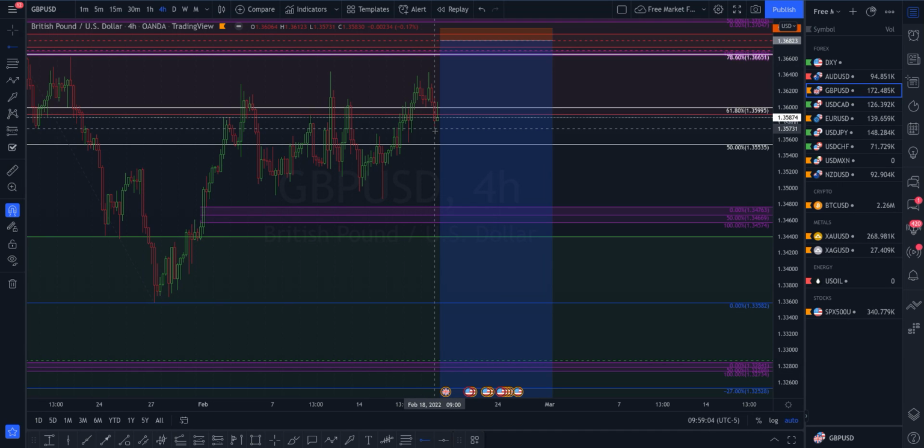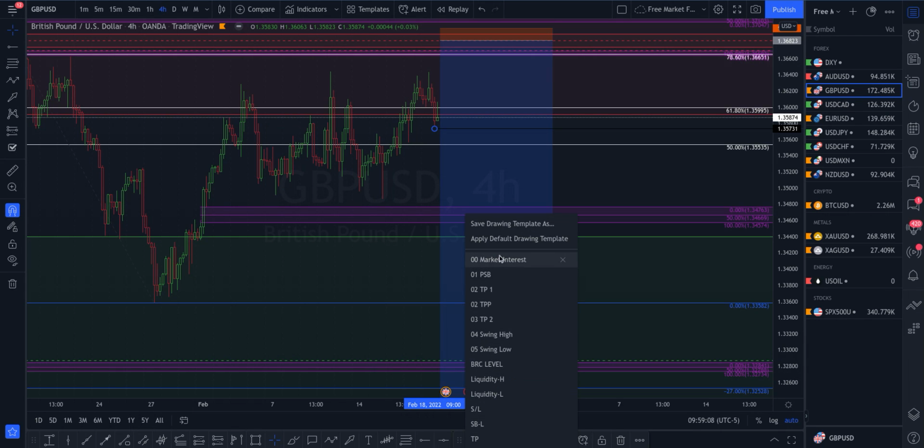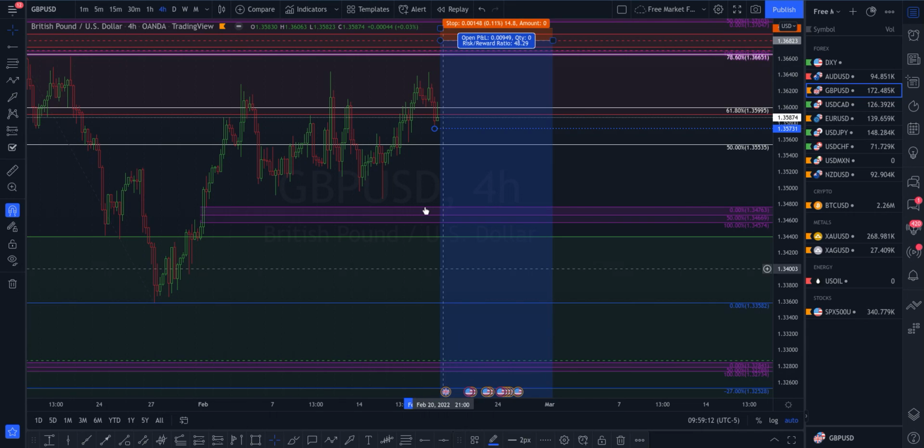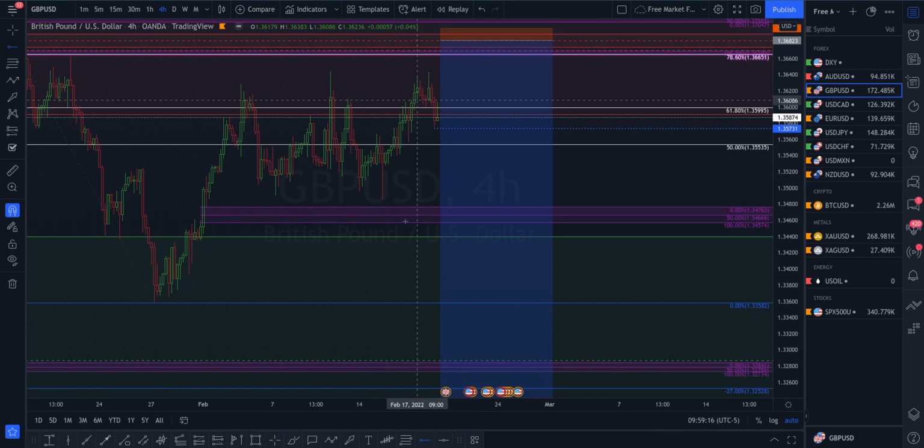Currently, this is a low here, so I am going to take that as a possible partial. I'll take the filling of this gap as a possible partial here.